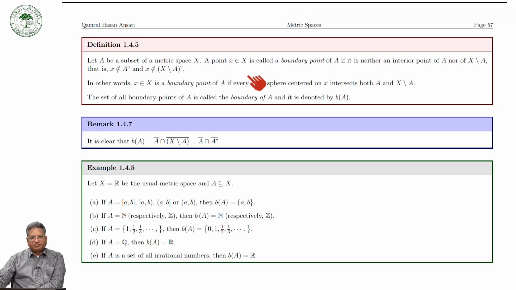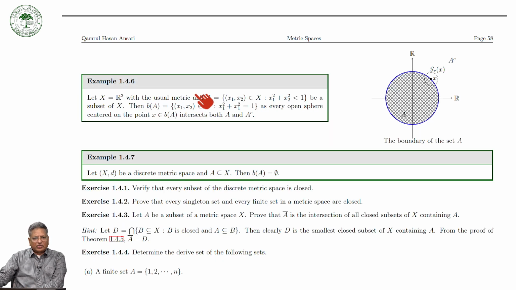And then we gave the definition of the boundary point. A point x in capital X is called a boundary point of the set A if it is neither an interior point of A nor an interior point of the complement of A.